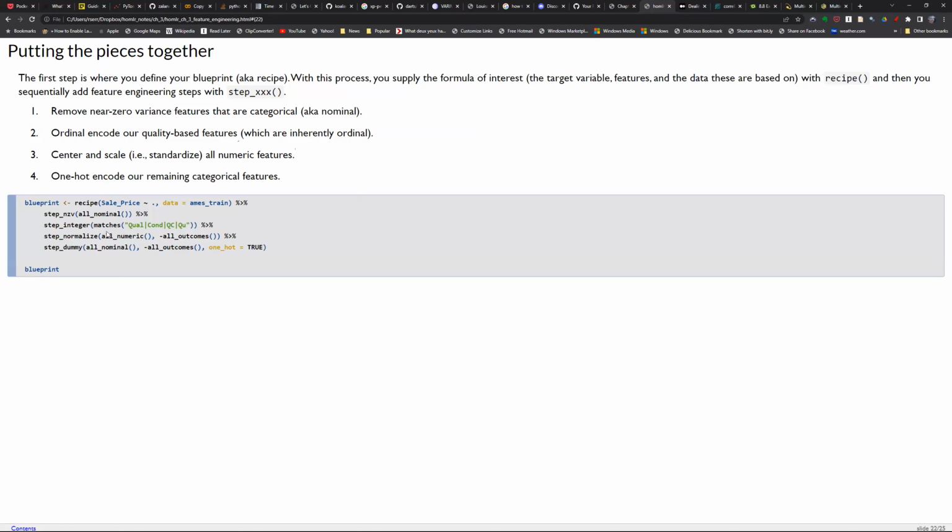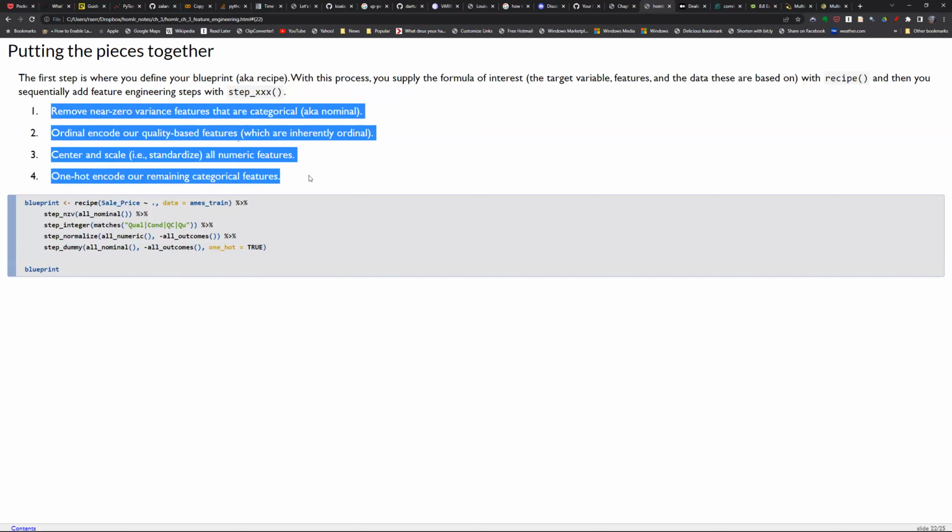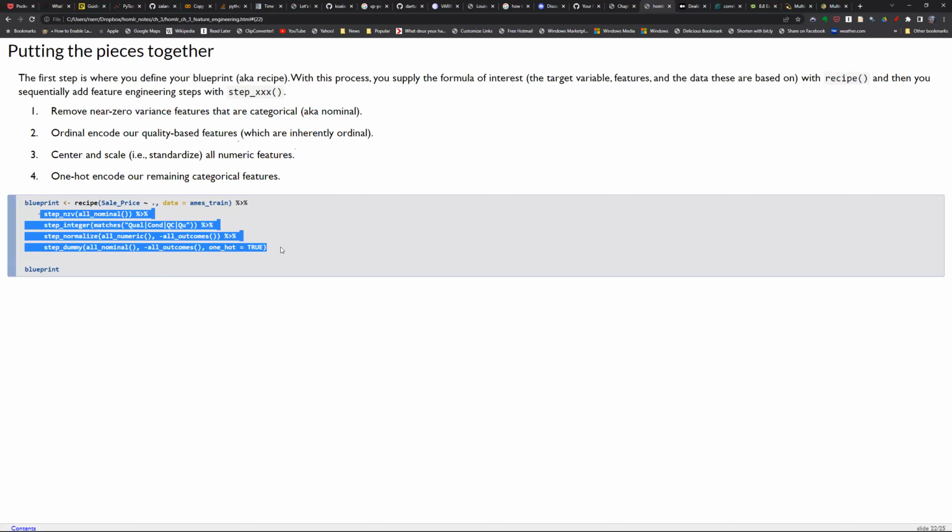So for example, using the tidy models, you can create a recipe where we include these feature engineering methods: the near zero variance for categorical variables, ordinal encode for the ordinal, central escape normalization, standardize all numeric features, and then one-hot encoding. Okay, so this is an example, right?